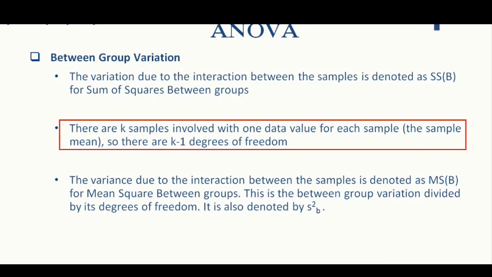Therefore, the fourth one gets automatically fixed. If you choose 25, 10 and 15, then 25 plus 10 is 35, plus 15 is 50, so the fourth gets fixed as 50. So in that case, the degrees of freedom for choosing the numbers will be 3 and not 4.